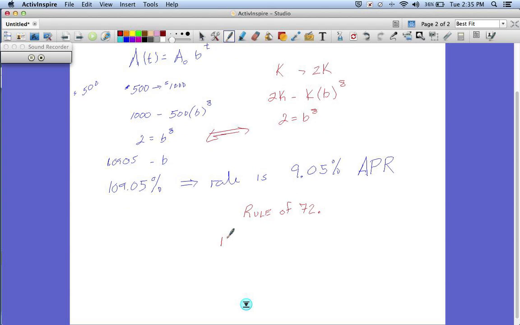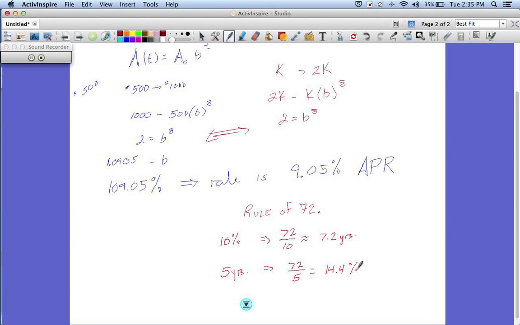So let's say you have 10% interest. That means it'll double in approximately 7.2 years. Or let's say you double in 5 years. If you're doubling in 5 years, 72 divided by 5 is what, 14.4?